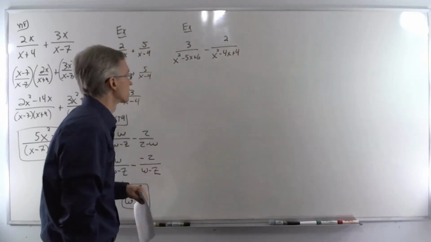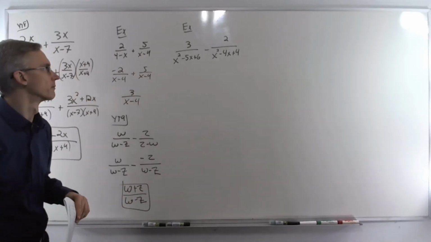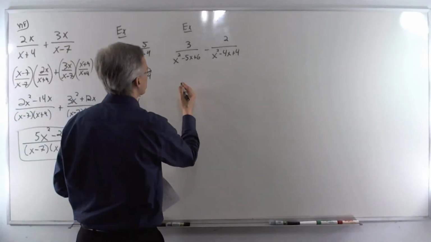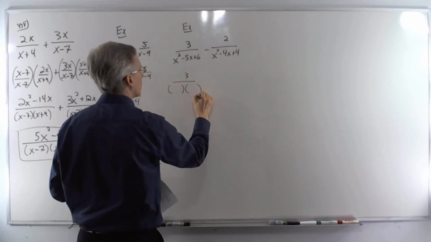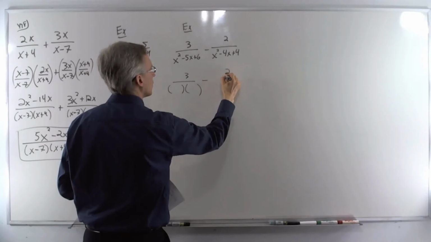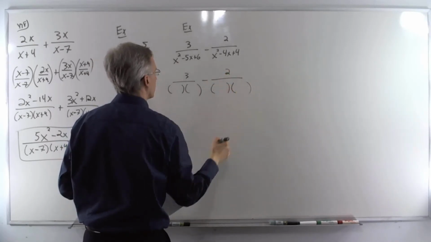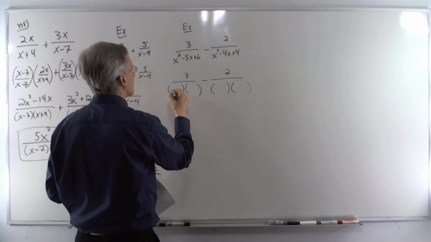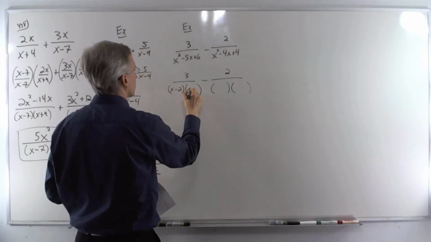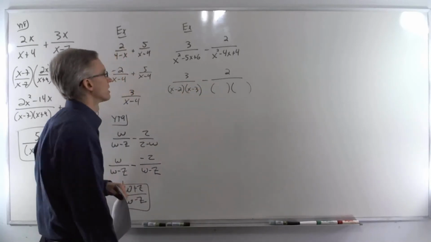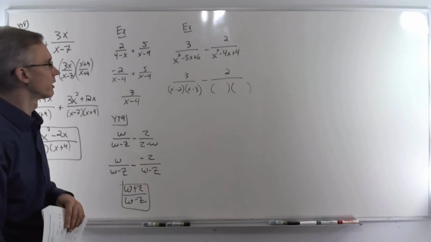Now, in the next example, in order to find a common denominator, we're going to have to start by factoring. I'm going to factor both of these trinomials. X squared minus 5x plus 6 factors into x minus 2 times x minus 3.